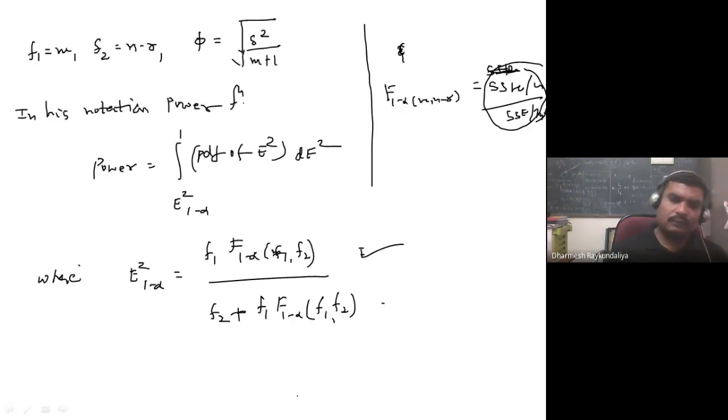And instead of delta square, they have written f1, f2 and phi, where phi is equal to delta square upon the square root of delta square upon m plus 1. In Tang's notation, the power of test is given by the integration from e square 1 minus alpha to 1 of the PDF of e square, where e square 1 minus alpha is nothing but f1 F 1 minus alpha, f1, f2, divided by f2 plus f1 F 1 minus alpha, f1, f2.